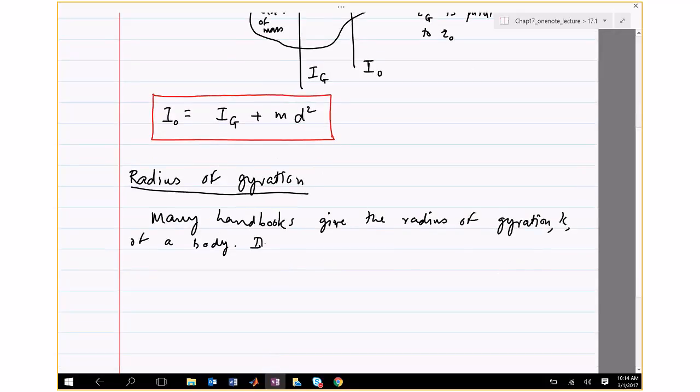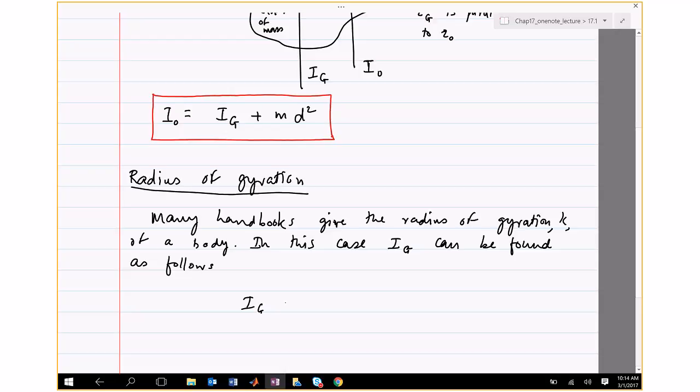In this case, Ig can be found as follows. So Ig is the moment of inertia about the gravity axis.